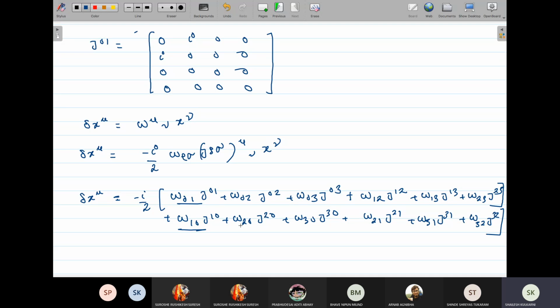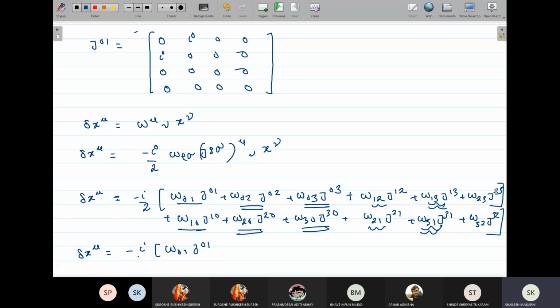So this term is the same as this term, and similarly this is the same as this one, etc. So I will get 2, and this factor of 2 will cancel. Okay, clear? And so I am left with delta x mu equals minus i omega 01 j01 plus all these things.